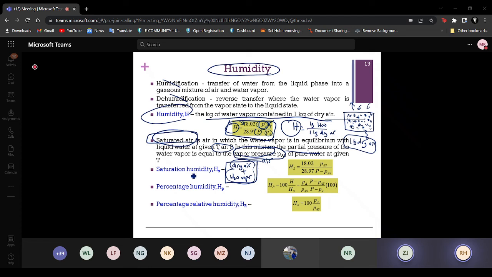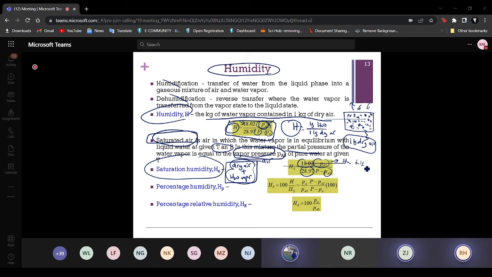So to calculate the saturation humidity, when you are in saturated air condition, you can calculate the saturation humidity. Saturation humidity HS is 18 divided by 29, times PAS, which is basically the vapor pressure, over P minus the vapor pressure. This one you can get from the steam table.